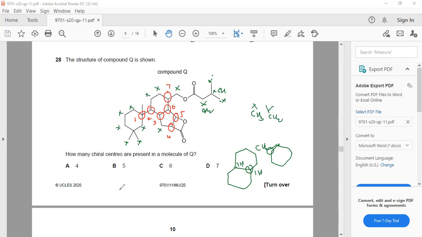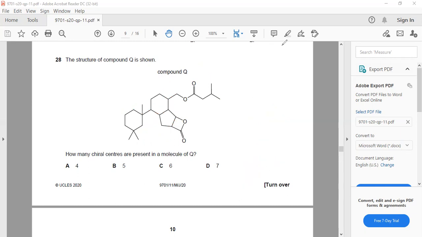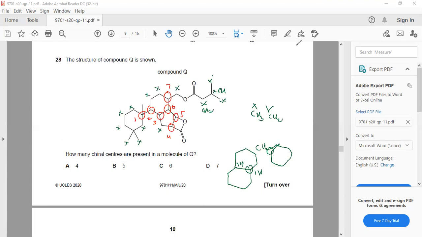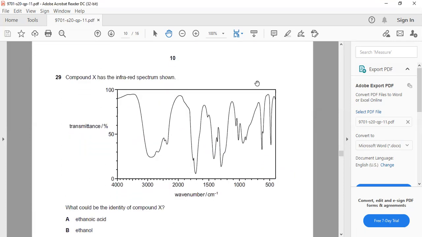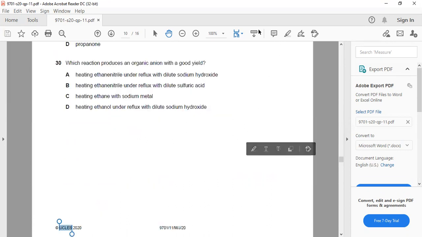All these, 1 to 7, have one hydrogen and three different groups. Understand? 7 is the answer, D.